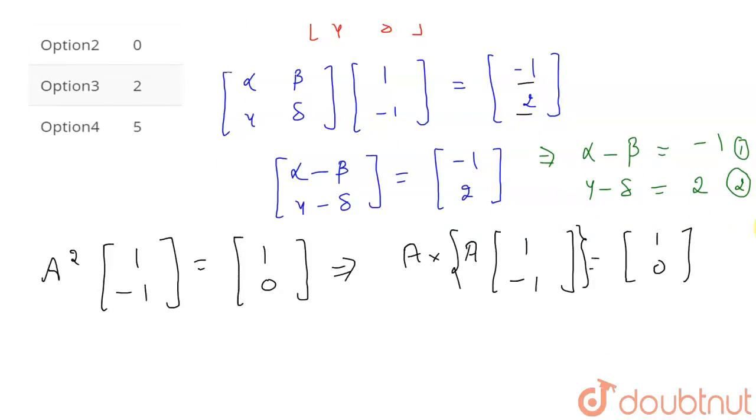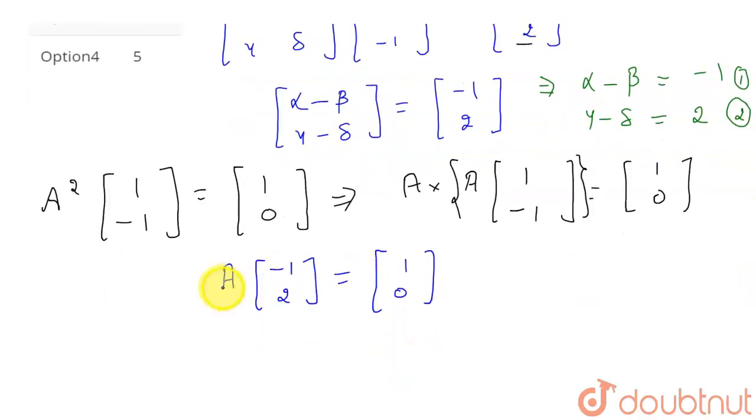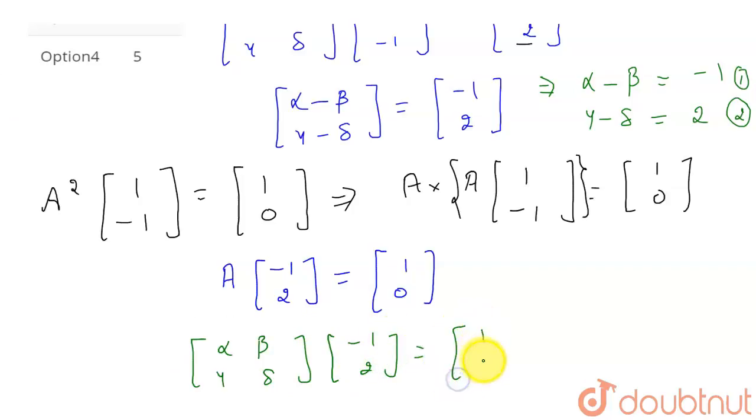So I can substitute it here. This gives me A into minus 1 2, from my first relation, is equal to 1 comma 0. Again, this A we have let to be alpha, beta, gamma, delta, into minus 1 2, is equal to 1 comma 0.